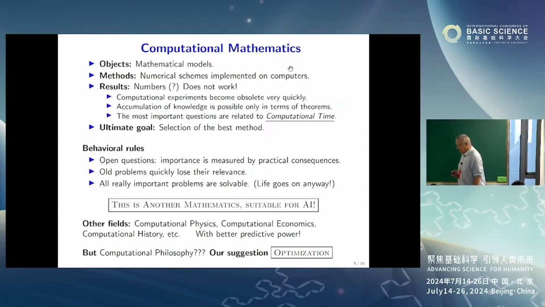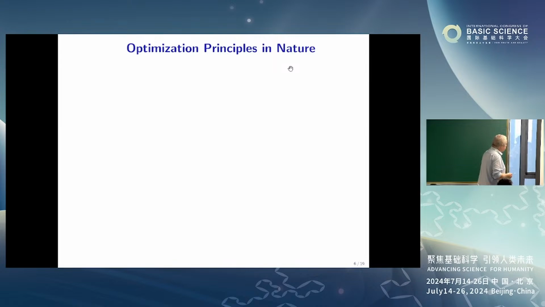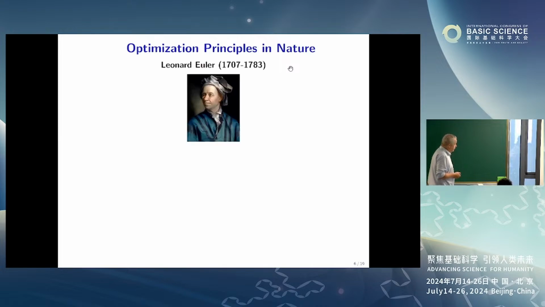Okay, so the remaining part of my talk is to explain true. So the classical persons, and for my goal, the best person is Leonard Euler, one of the best mathematical brains which existed in history.